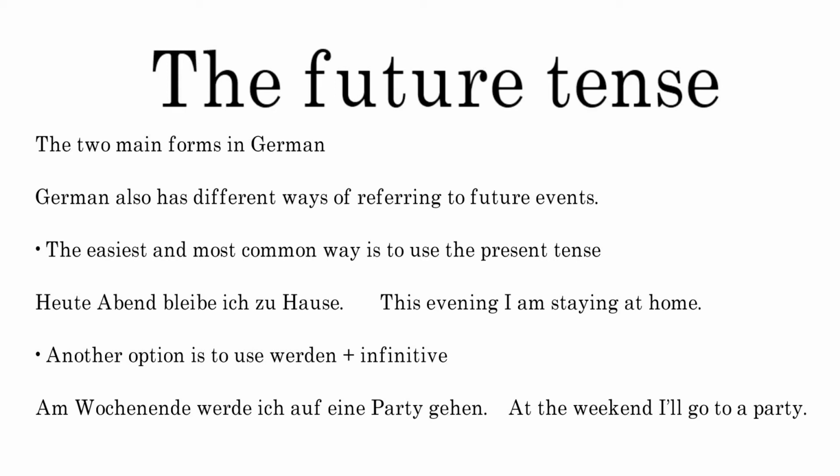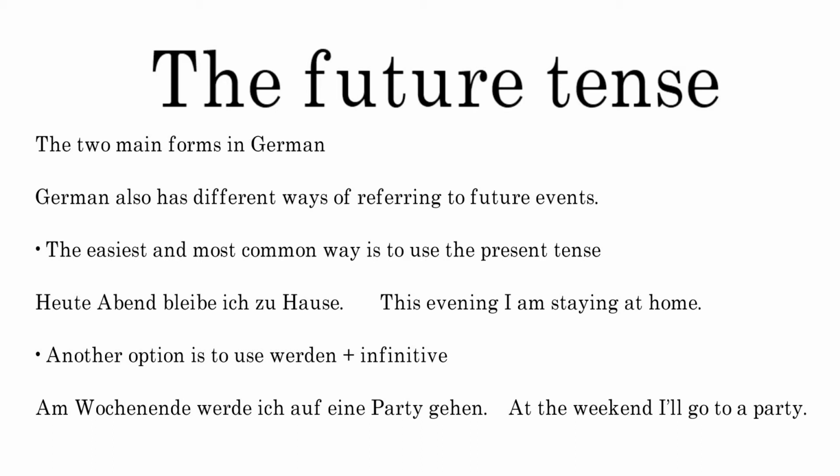And the second one is the optional one. The second one is werden plus infinitive form. So the pattern is firstly the subject, then the conjugated werden form, plus the object, and then the infinitive form. Like, am Wochenende werde ich auf eine Party gehen. At the weekend I will go to a party.